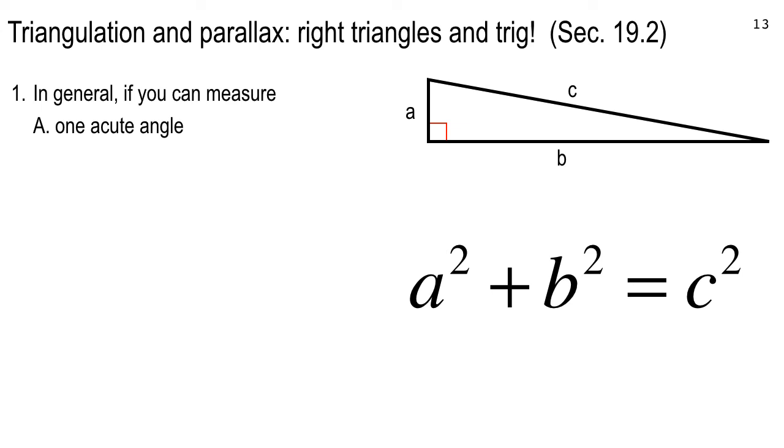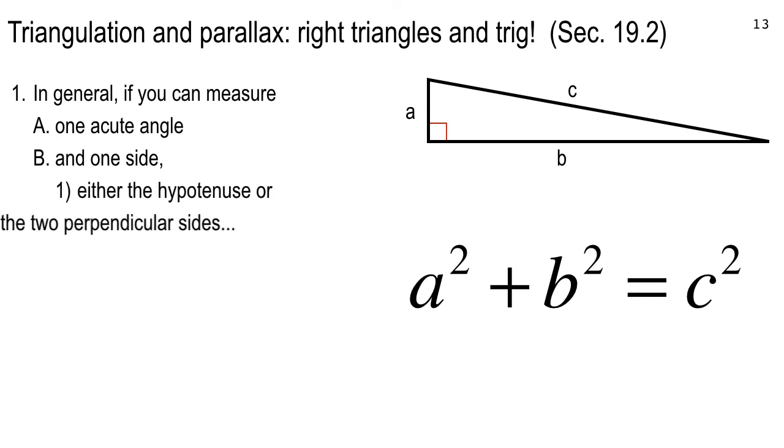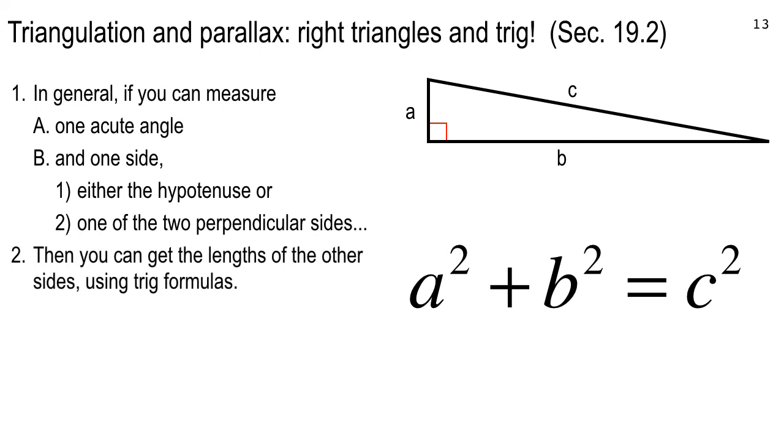With right triangles, it's pretty nice because if you can measure one acute angle and then one side, either the hypotenuse or one of the two perpendicular sides, either a or b, or maybe c, the hypotenuse, then you can get the other two sides of the right triangle.